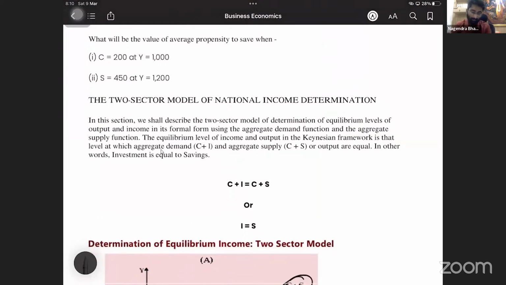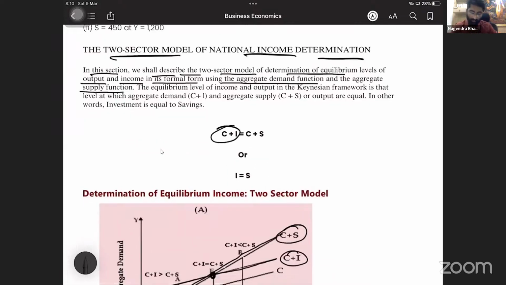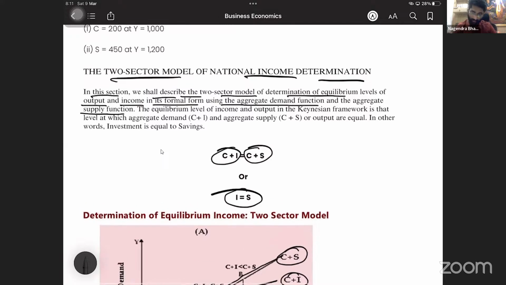Listen, the two-sector model of national income determination. In this section, we shall describe the two-sector model of determination of equilibrium levels of output and income in its formal form using the aggregate demand function and aggregate supply function. Formally, C plus I is equal to C plus S, or I is equal to S. This is where equilibrium happens.